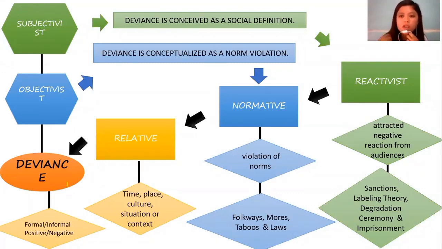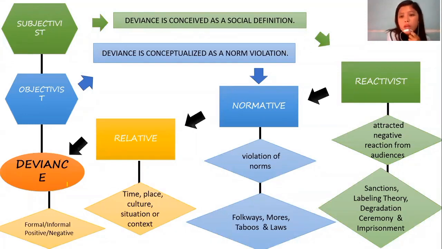So we have sanctions. So sanctions have positive and negative types. So negative sanctions refer to punishments or negative reactions for a disapproved behavior, while in contrast, positive sanctions involve rewards and positive reactions for approved behavior.